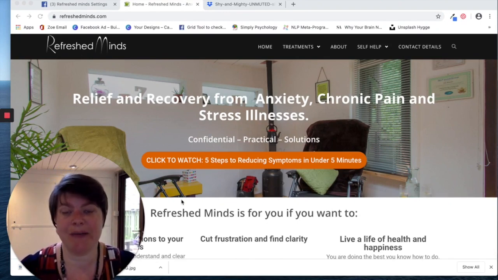The first one is the image, so the images of where I work, so that it's light and it's fresh, which is my brand. It's got my brand colours on it, so that's good. And my words there in terms of confidential and practical, that's the approach that I take. So immediately you get an idea of the kind of person, the kind of business that Refresh Minds is.